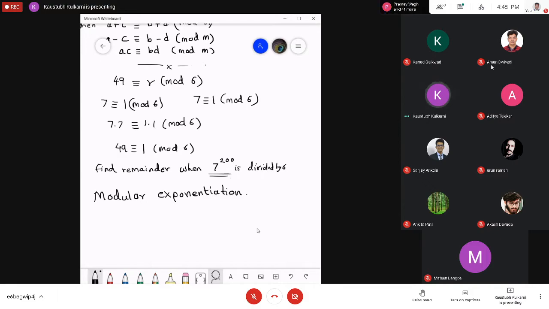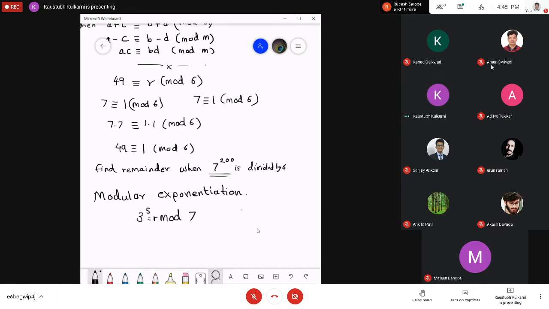So let's take another example. 3 raised to 5 mod 7. By this, what I mean is, I want to find the remainder when 3 raised to 5 is divided by 7.